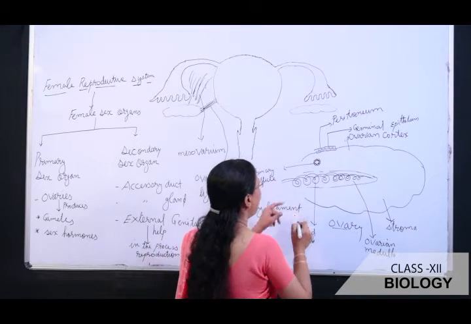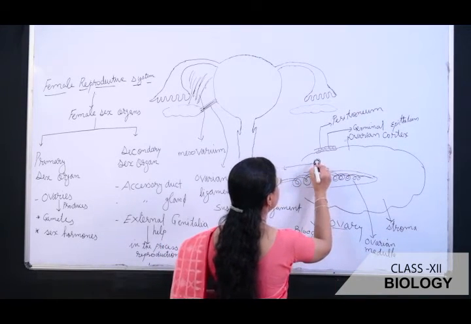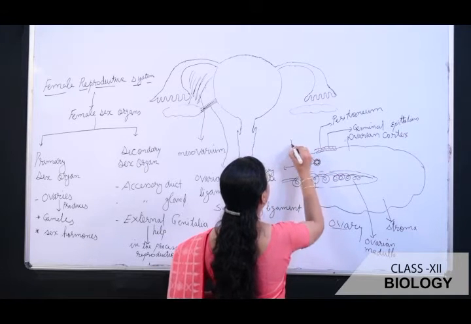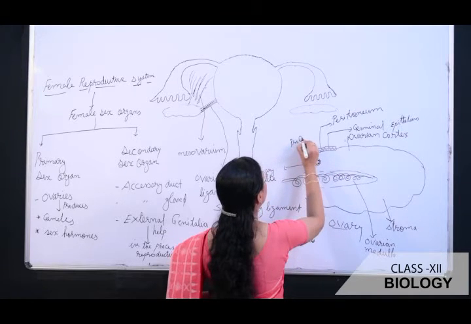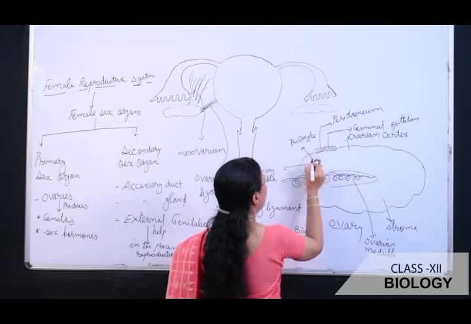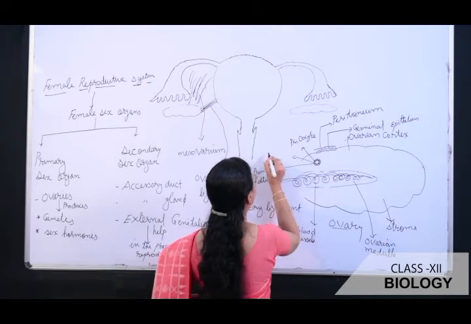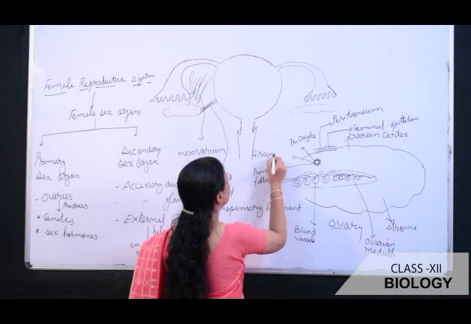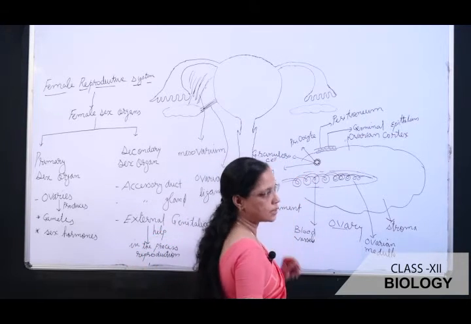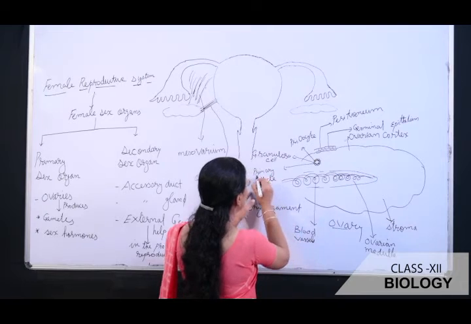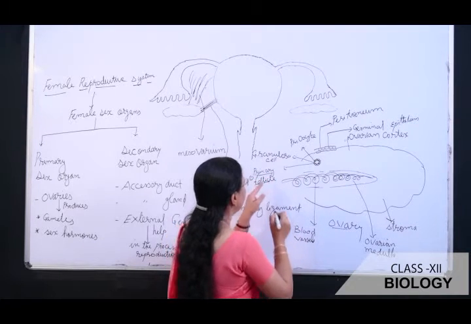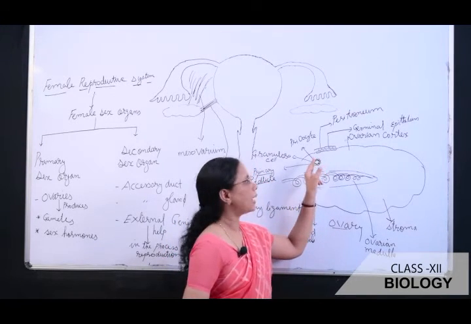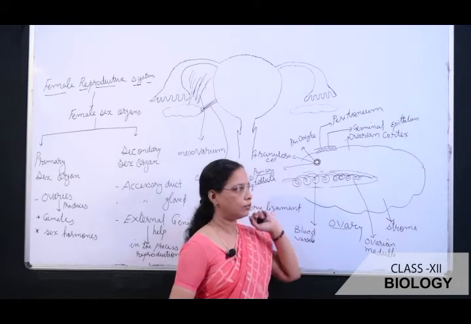It is having a primary oocyte, let us label it here, primary oocyte, and this is the granulosa cell. So the primary follicle, this is the first stage. The primary follicle consists of a primary oocyte and granulosa cell.